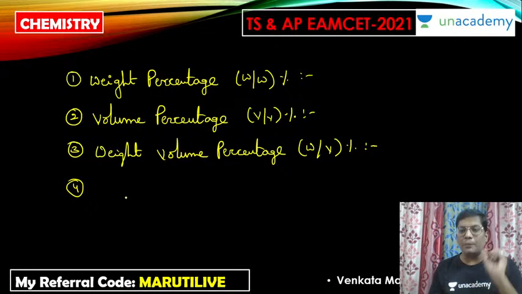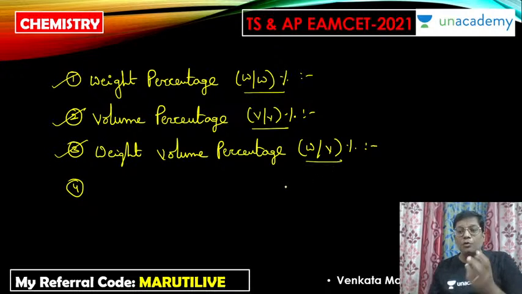This is weight percentage, W by W percentage, volume percentage, V by V, and weight volume. If you know the weight as well as volume, simply you can calculate the concentration of a solution with the help of weight volume percentage.